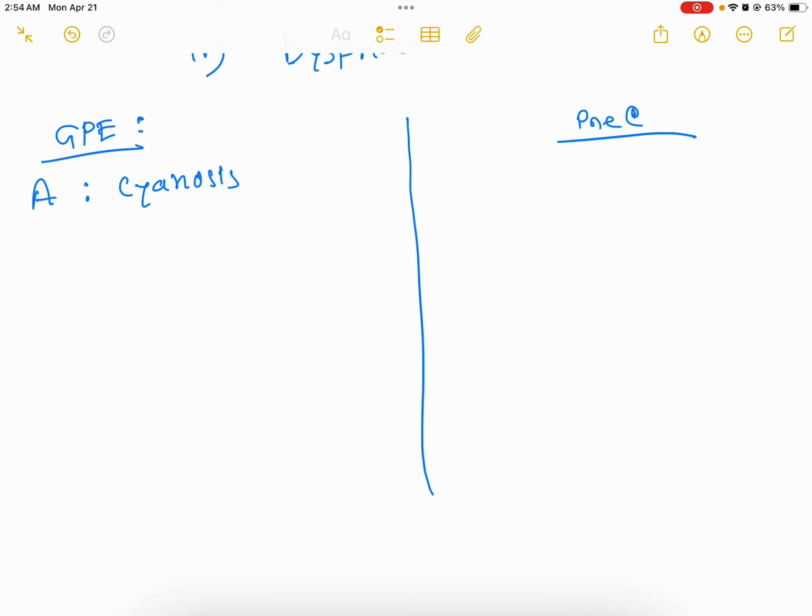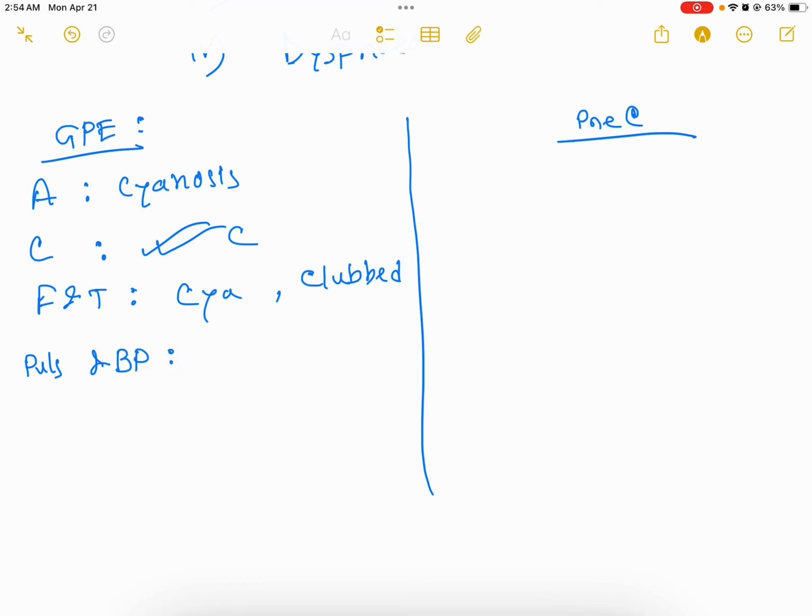Then the conjunctiva is congested, fingers and toes cyanosed, clubbed fingers. Pulse and blood pressure normal, edema absent, anthropometry: stunting.